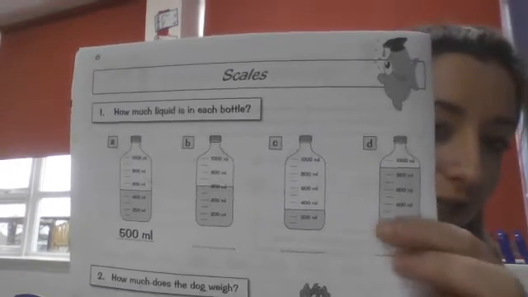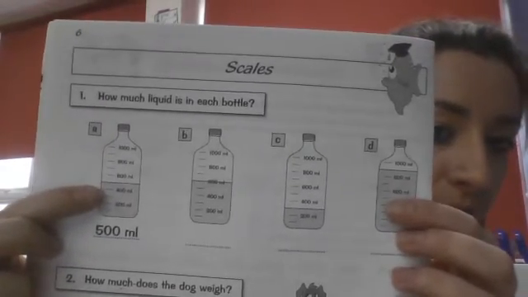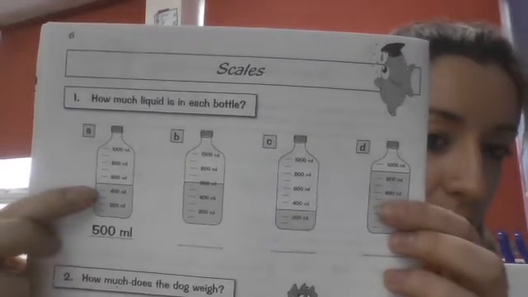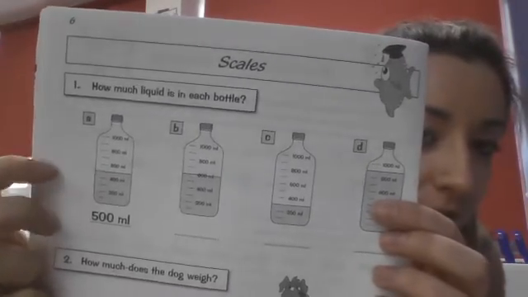That's because the line before here was 400 milliliters, and it's jumping in hundreds. So you get 400, 500, 600, and it was on the 500 mark. Although the 500 milliliters isn't on the container, sometimes it jumps up in hundreds. So I've drawn my own container for us to have a look at today.